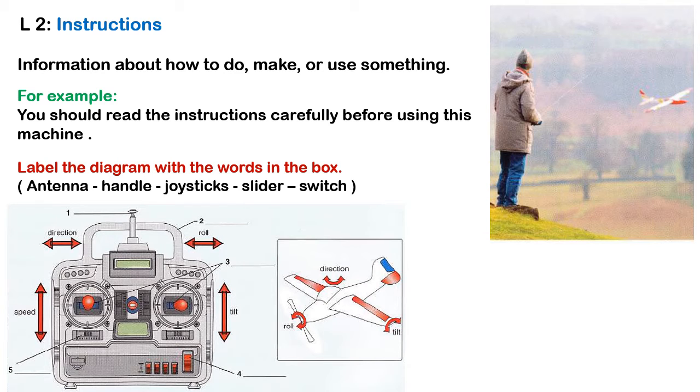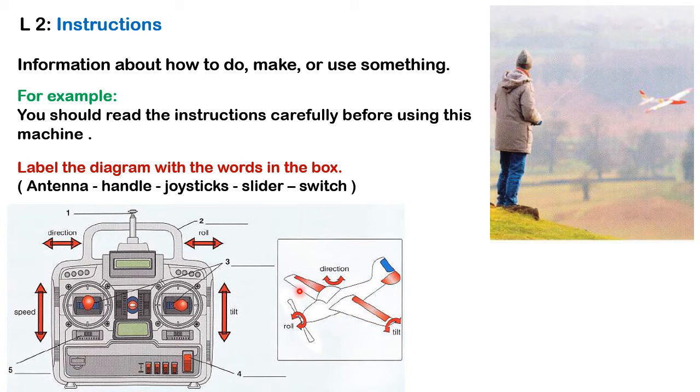But before we label the diagram, we have here the plane, and we have the directions of the plane. So we have rolling, so this is rolling, and tilting or tilt. Tilt means to go up or go down, but in a sloping position. Okay, this is the meaning of tilt, if you can't remember.